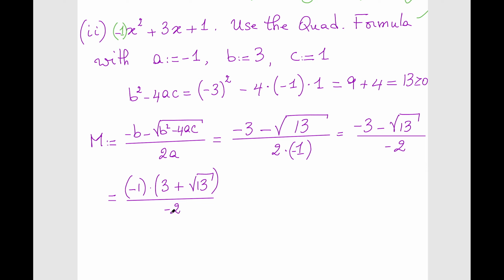Am I correct? And -2 is the same as -1 times 2, yes? So that's the same as -1 times 2. All right. And now hopefully you see that the -1 and the -1 can cancel, and as such, we obtain 3 plus square root of 13 over 2.